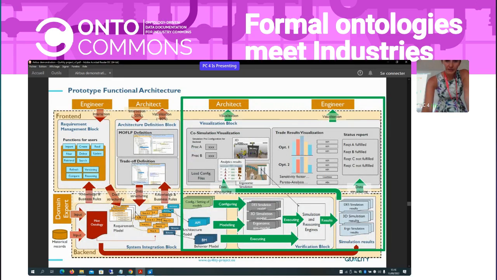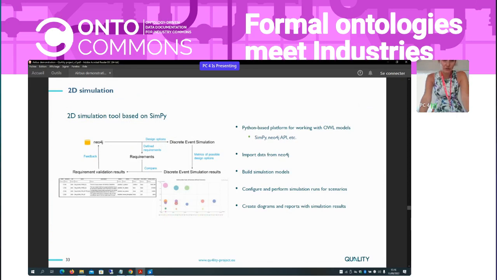So finally, then the visualization and the verification blocks. Here there are two types of simulations.